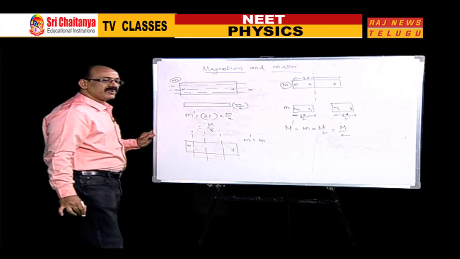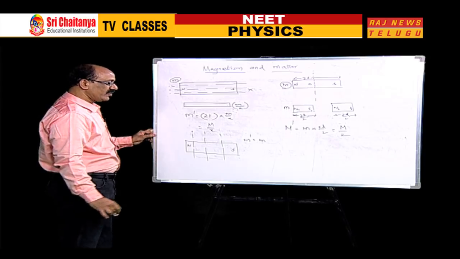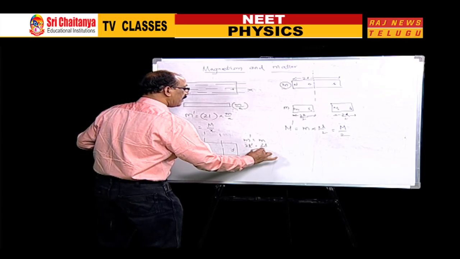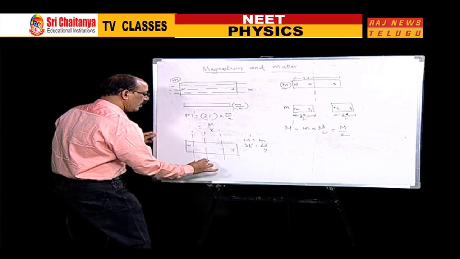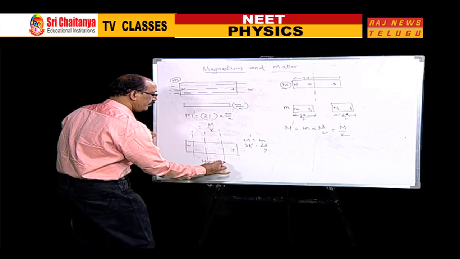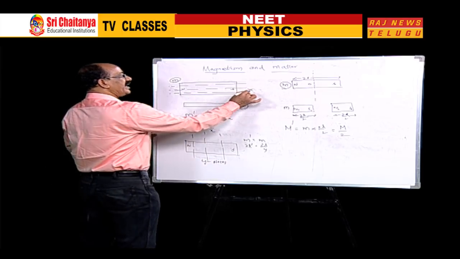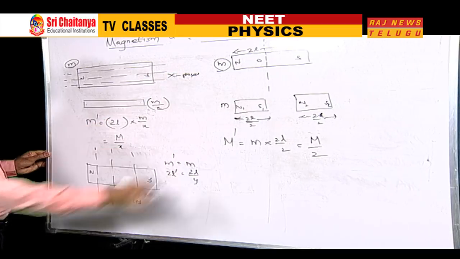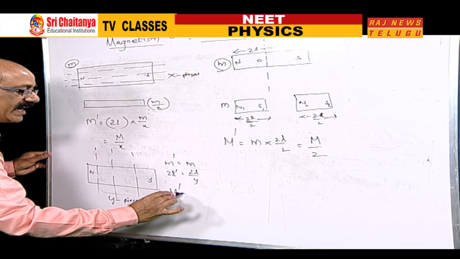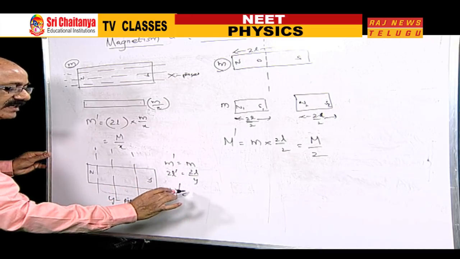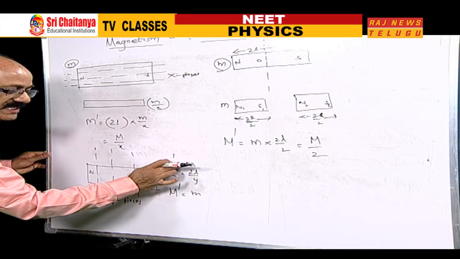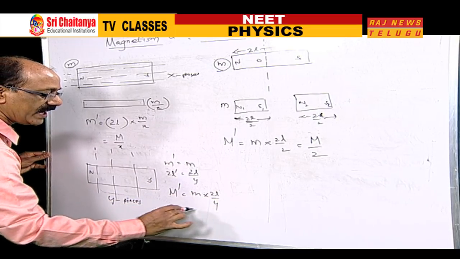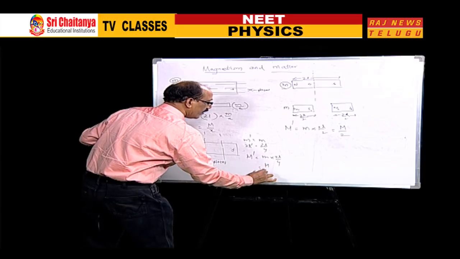So the pole strength of each piece is the same as that of the original, but the magnetic length has become 2L by Y because we made it into Y pieces. Here, the new magnetic moment M prime is the same pole strength m times 2L by Y, so it is M by Y.